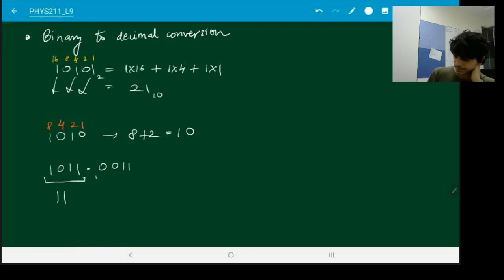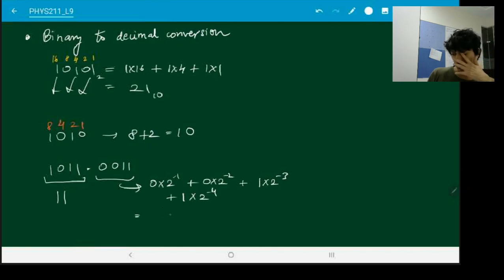After the point, so before the point, we do positive powers of 2, right? We do 2 to the 0, 2 to the 1, 2 to the 2, and so on. After the point, you do the inverse powers of 2. So this is basically 0 times 2 to the minus 1, 0 times 2 to the minus 2, 1 times 2 to the minus 3, 1 times 2 to the minus 4. So this is going to be half, 1/4, 1/8 plus 1/16.